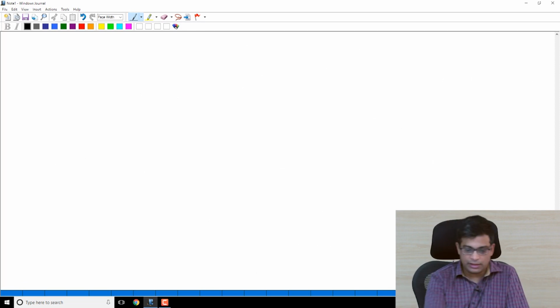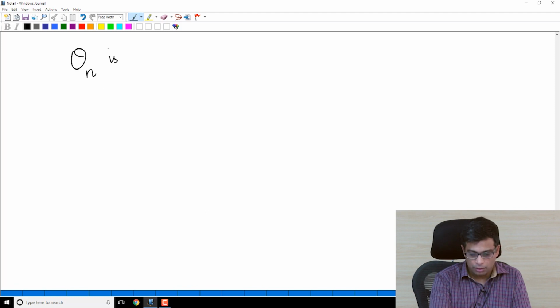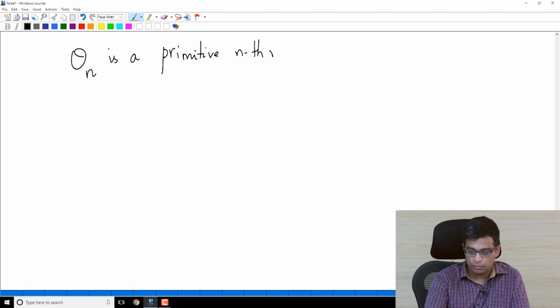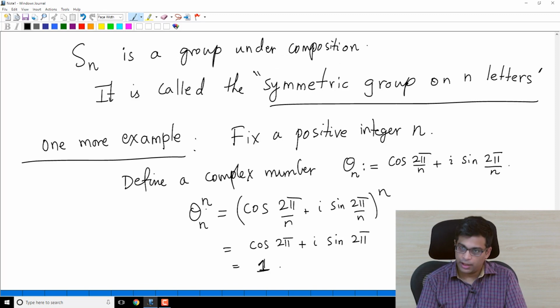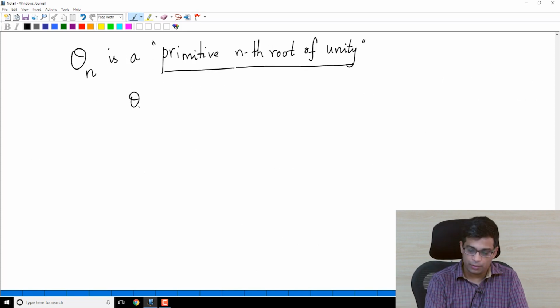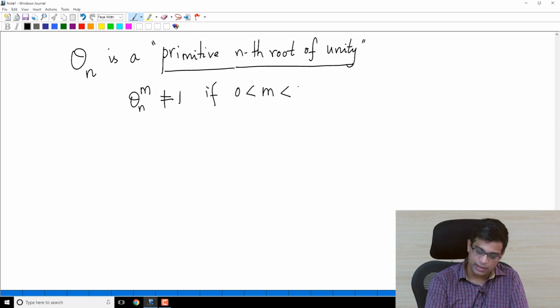So, we say that theta n is a primitive nth root of unity. Okay, so, it is an nth root of unity because theta n power n is 1, and it is primitive because theta n power m is not equal to 1 if m is a positive number less than n.